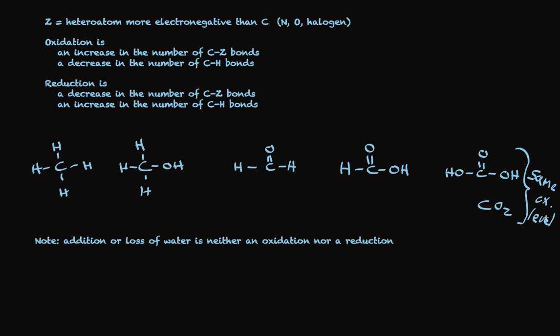One last question. Why do you care? Why does anybody care? Well, chemists care because they often find themselves needing to do a transformation of one molecule into another, of one functional group into another functional group. And you'll have a chance of picking the right reagent if you know whether it's an oxidation, a reduction, or neither. And if you don't know, you'll be doing a lot of wild guesswork.